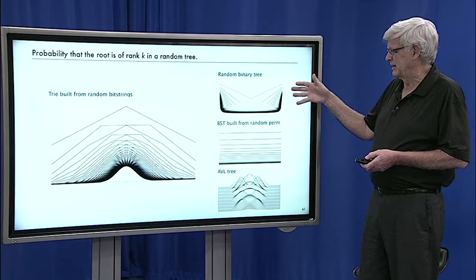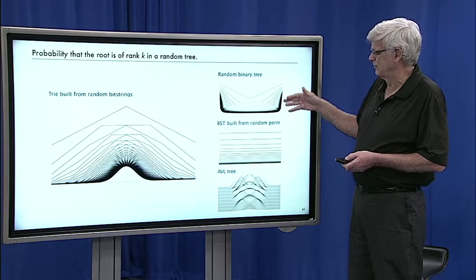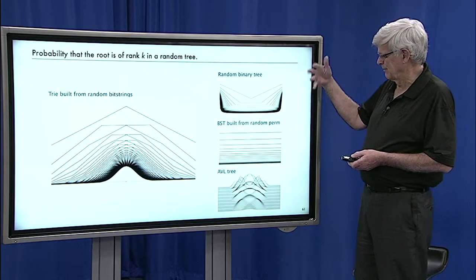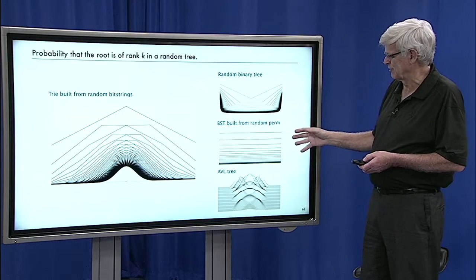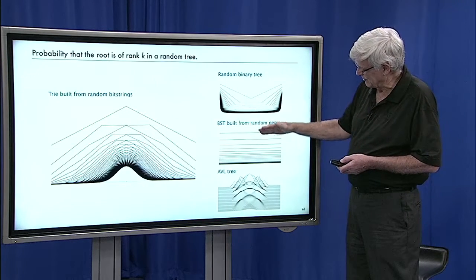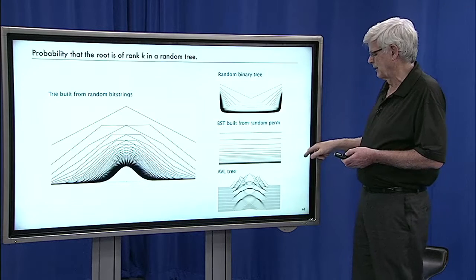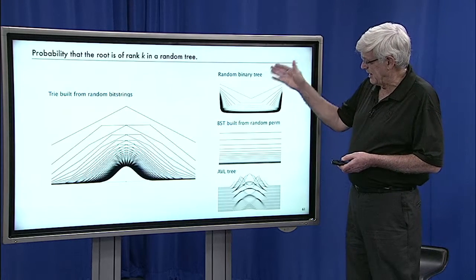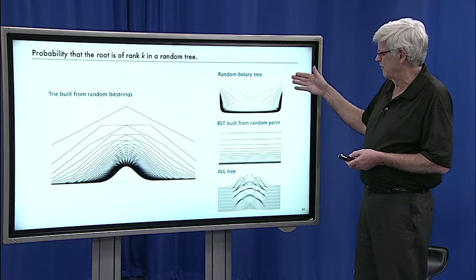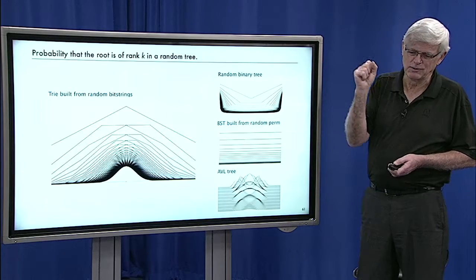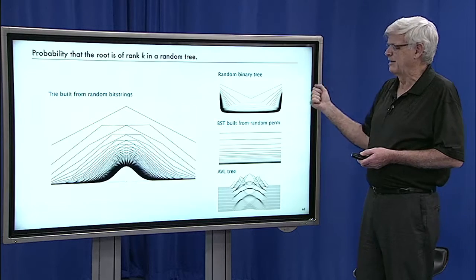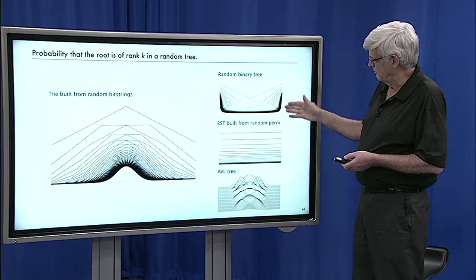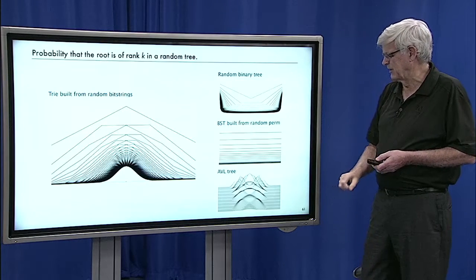And again, just by correspondence to the distributions that we looked at for random Catalan trees and for binary search trees. For binary search trees, the distribution is totally flat, equally likely for any node to be at the root. For Catalan trees, remember we found that they were very likely to have one side or the other have only a small number of nodes. And so the distribution was very skewed, and very skinny trees.